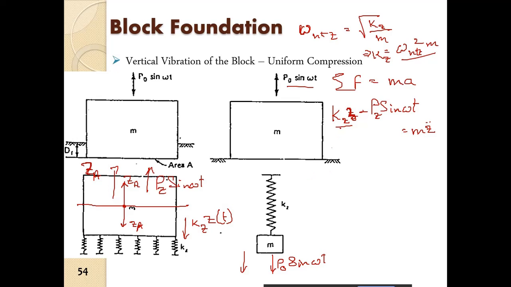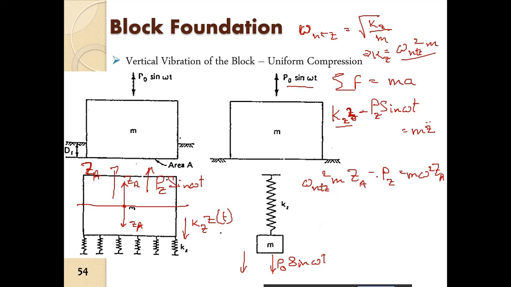So here we have omega n tz square into m into za, that is the amplitude, minus pz, the maximum force at that point, equal to the maximum acceleration, given by m omega square za.